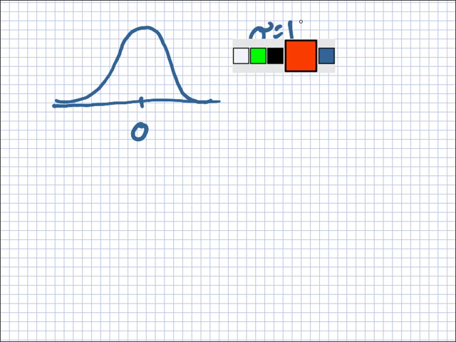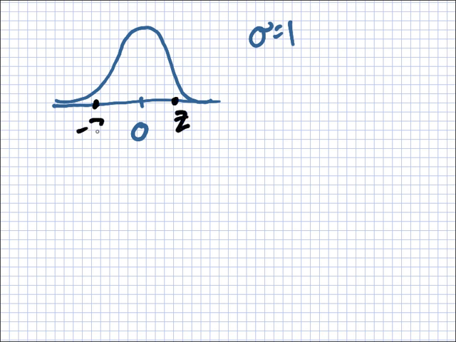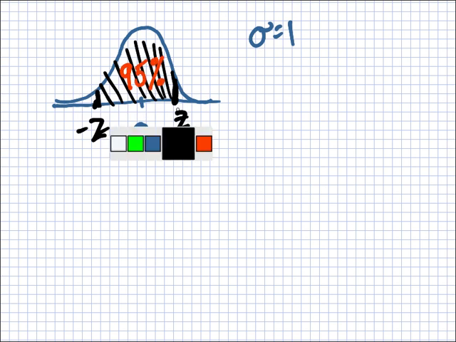I want you to find some number, we'll call it Z, so that the area between these two values is 95%.